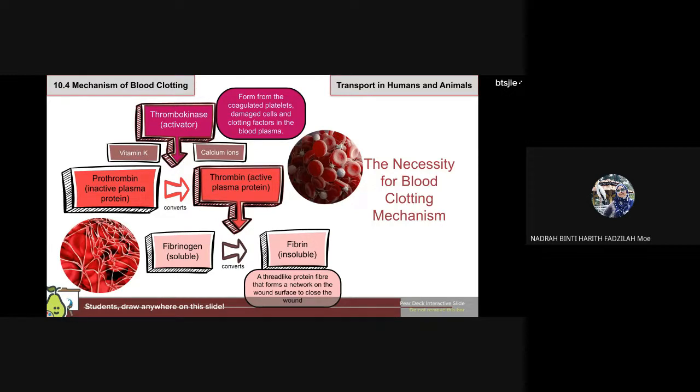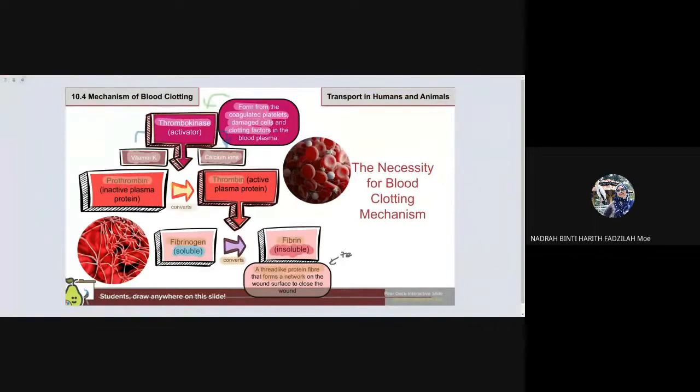Okay, so proses untuk blood clotting ni dia sedikit kompleks sebab antara hikmah dia ialah kita tak adalah sewenang-wenangnya berlaku blood clotting dalam badan kita, because nanti dalam next slide saya akan tunjukkan beberapa penyakit berkaitan dengan blood clot ya.